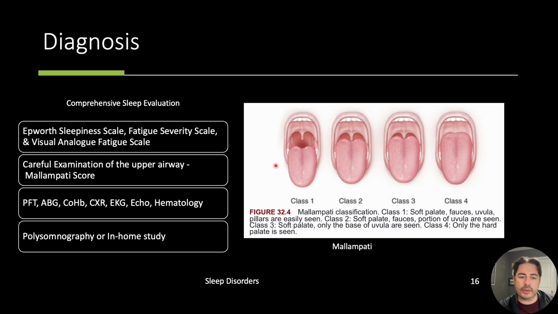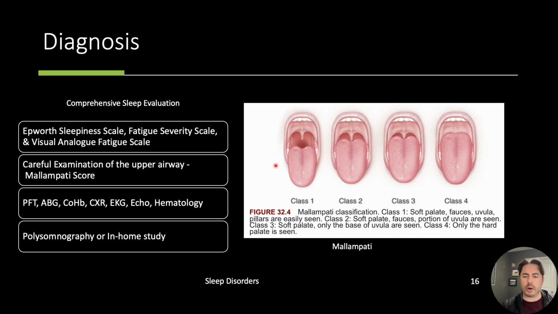When we look at other diagnostics, we've got a PFT, ABGs, COHb or carboxyhemoglobin, chest x-rays, EKGs, echoes, and other blood work. If we have this for a prolonged period of time, we could have patients that have reduced volumes and reduced capacity.